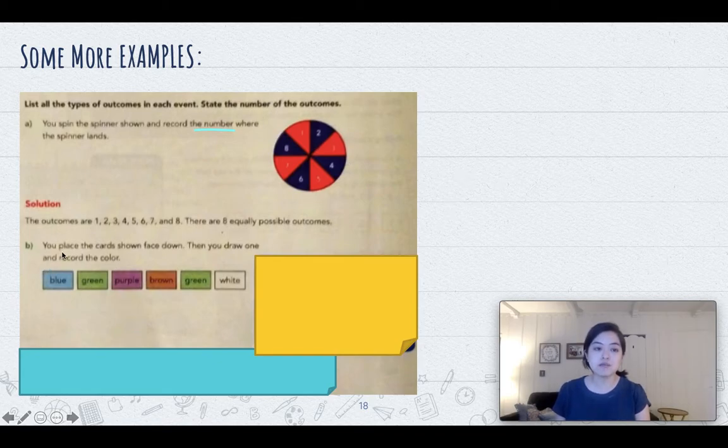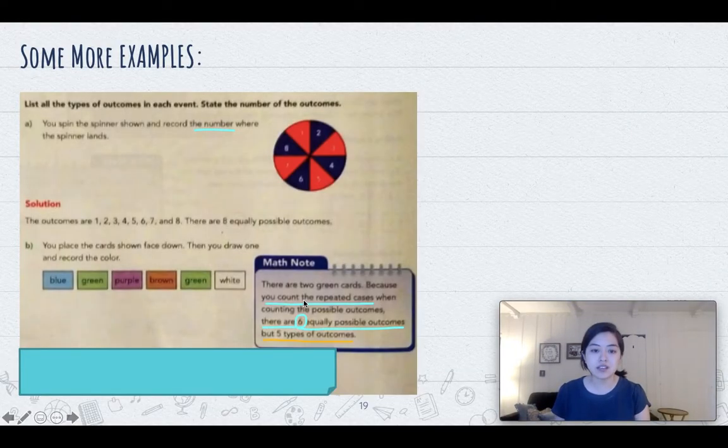Let's look at part B. You place the cards shown face down. Then you draw one and record the color. Okay, so we have a blue, we have a green, we have a purple, a brown, a green, and a white. So we have 2 greens, and all the other colors are different. Now in this case, don't forget that there are 2 green cards.